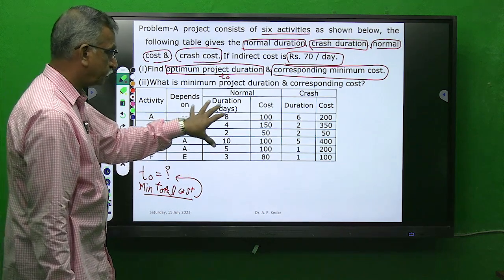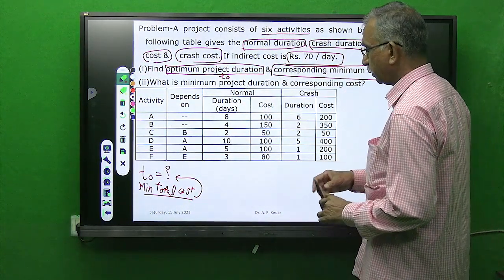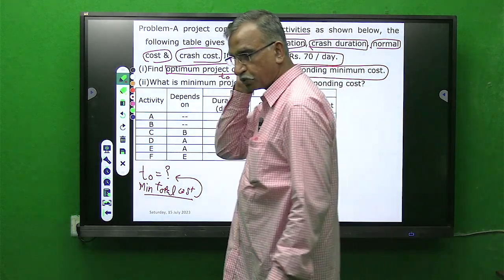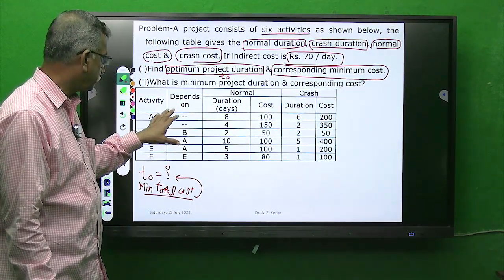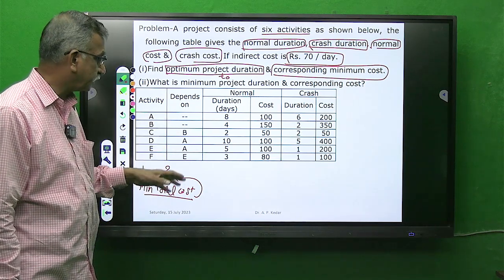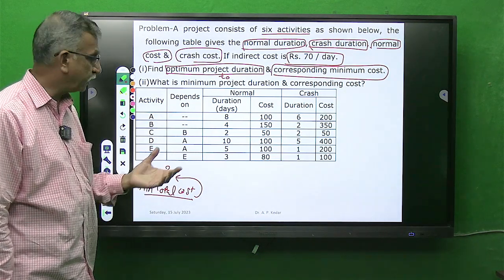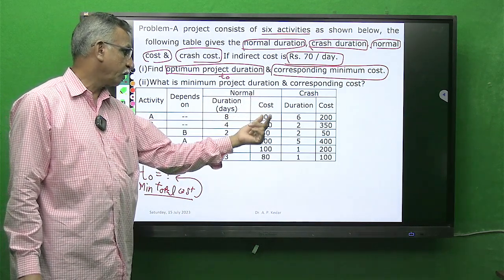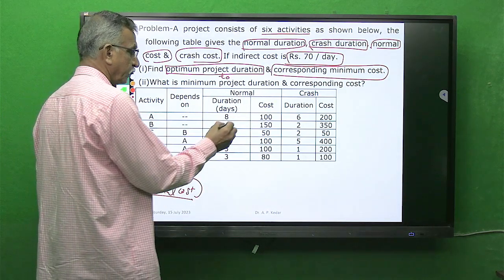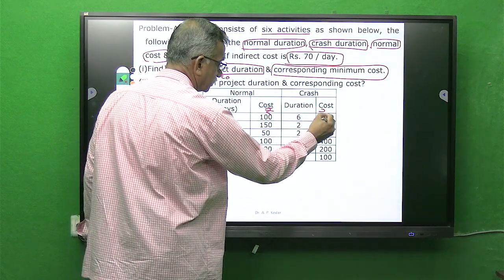Now how to interpret this? See here, we have seen how to draw a network from the given logic in PERT and CPM problems. So these A and B are starting activities and C, D, E, F are further dependent activities. This is the normal duration given in days, and the normal cost is in rupees.